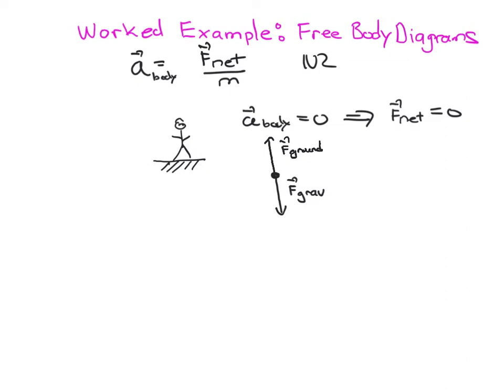It's implicit in both of these cases that these forces act on you because you are the body. Notice that I drew these two arrows to be the same length because the net force is going to be the sum of these two forces, and we know that the net force has got to add to zero. So these two arrows have got to be of the same length.